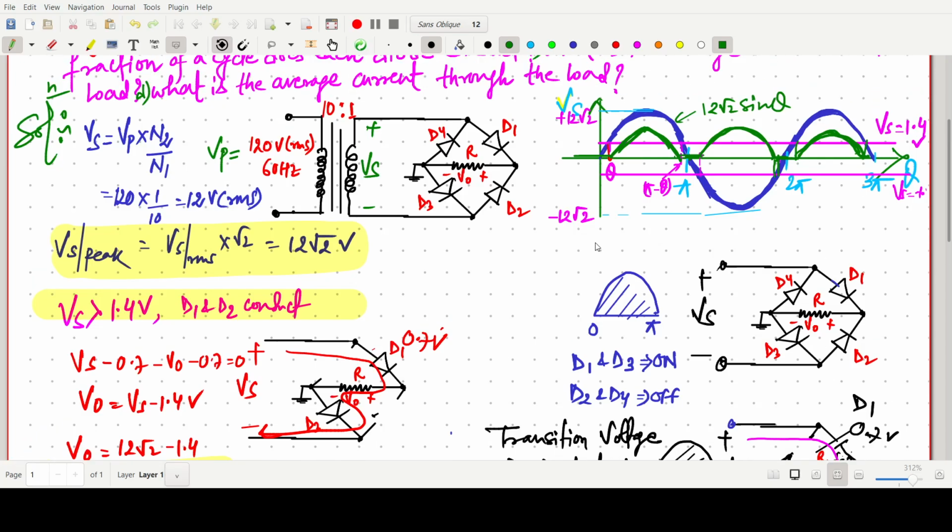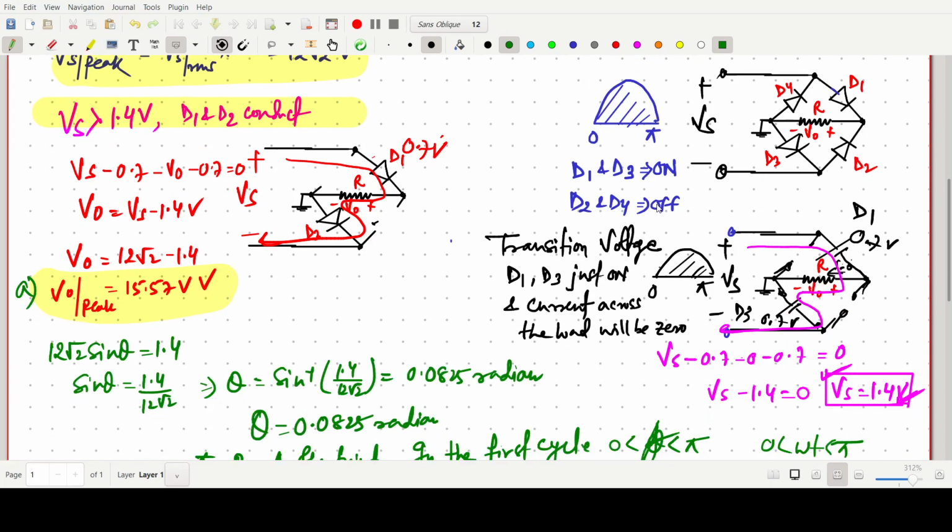This distance is what I am calling the conduction angle, pi minus 2 theta.